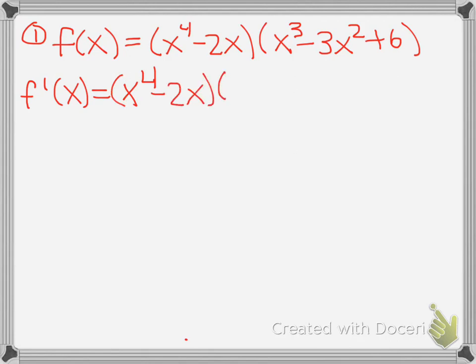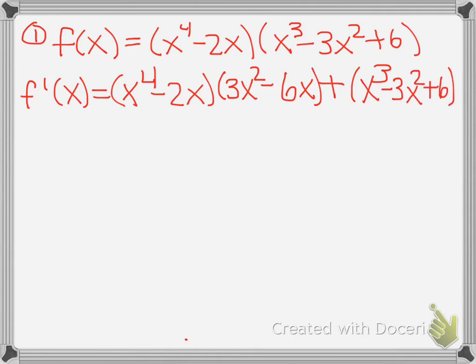Well, the derivative of the back is 3x squared minus 6x plus back, and I am going to run out of room d front, which I will just write down here. Goodness gracious. I don't know if you guys are seeing this stylus issue that I'm having or not. But here we go. Okay, front d back plus back d front.